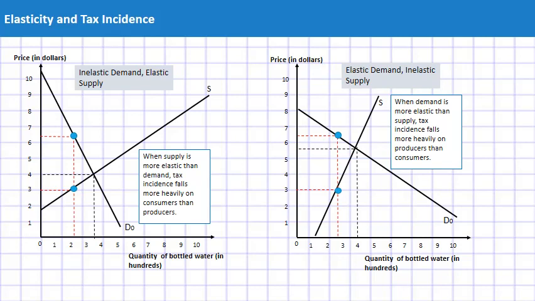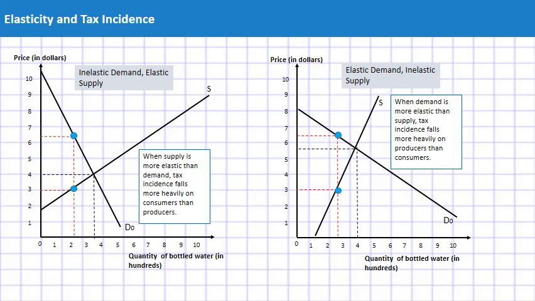So when supply is elastic, then tax incidence will push the burden onto the producer more. You'll notice in this situation, the tax for us is only $1. If you're looking at this right now, you can say, okay, they're paying on the left $1, and then the consumers are paying, let's see, $1, $2, $2.50, let's say.